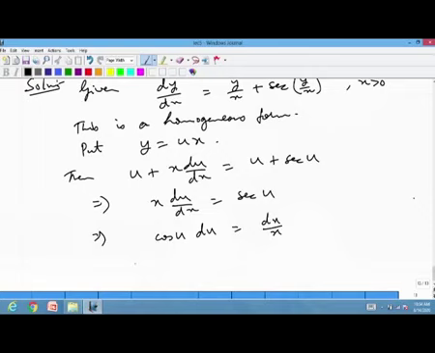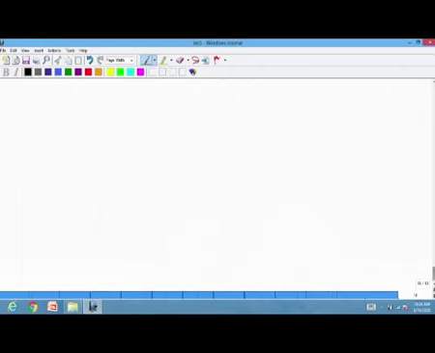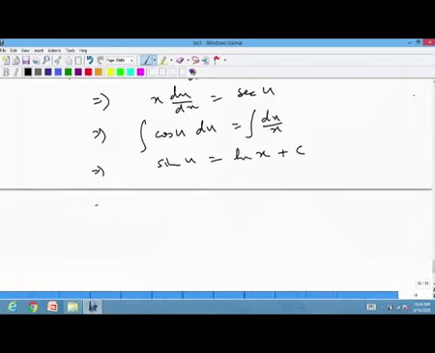By integrating this, we get sin u equal to log of x plus c. X is given to be positive, so we do not need to put log mod x, and that is sin of y by x is equal to log x plus c.